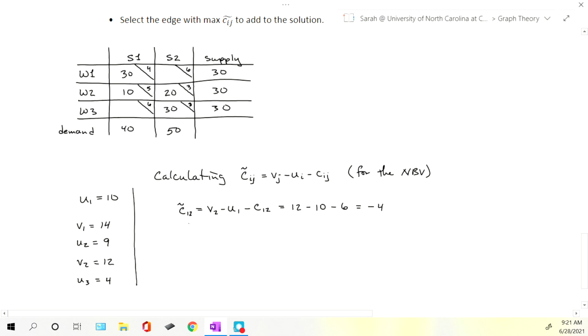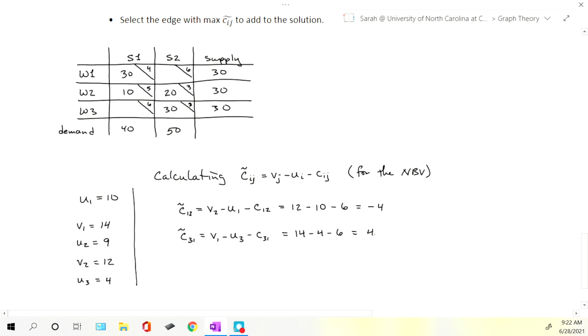There's only one other blank cell, so we'll look at row 3, column 1. This one is going to be V1 minus U3 minus the label in that cell. So V1 was 14, U3 was 4, and the label in that cell was 6. 14 minus 4 is 10, minus 6 is 4.